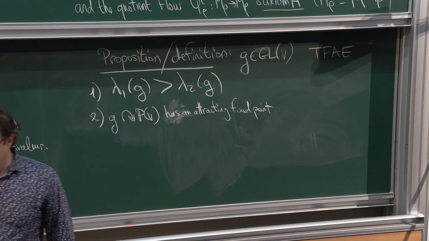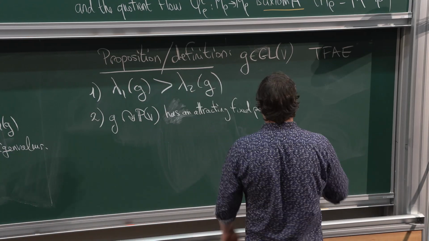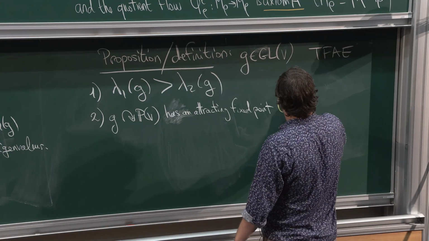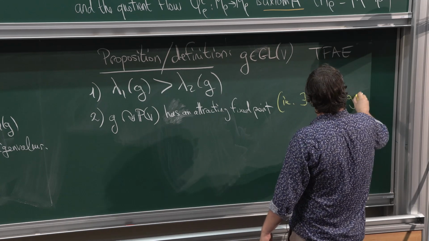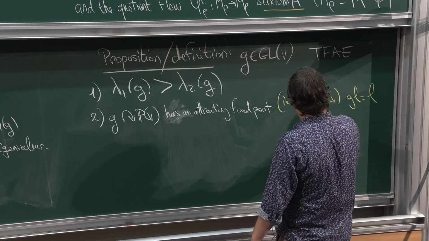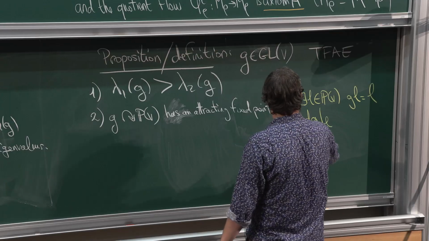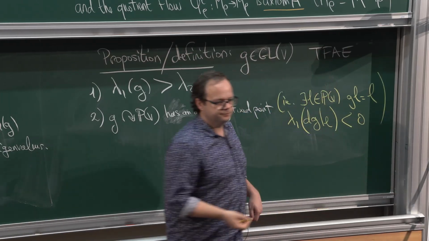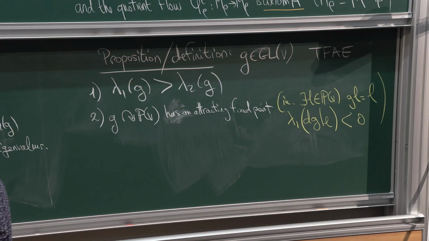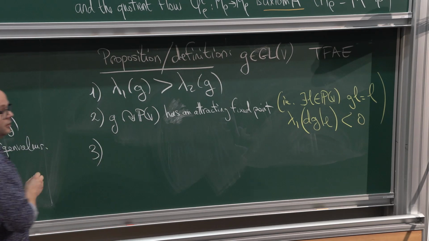Right, so attracting meaning that the differential at this fixed point is contracting. Yeah, so you could say lambda 1 of this thing is negative. And the third condition would be something of topological dynamics.